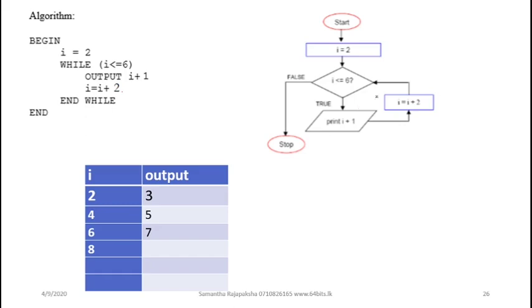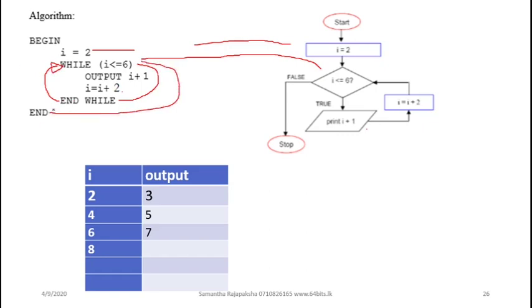This will continue while I is less than 6. So you can see the first line is just mapped here. The condition is just mapped here. If the condition is true, we do these two, and if it is 6, finish, exit. So if the condition is true, do this and come back to the loop. If the condition is false, exit, go to the end. This is how it works.